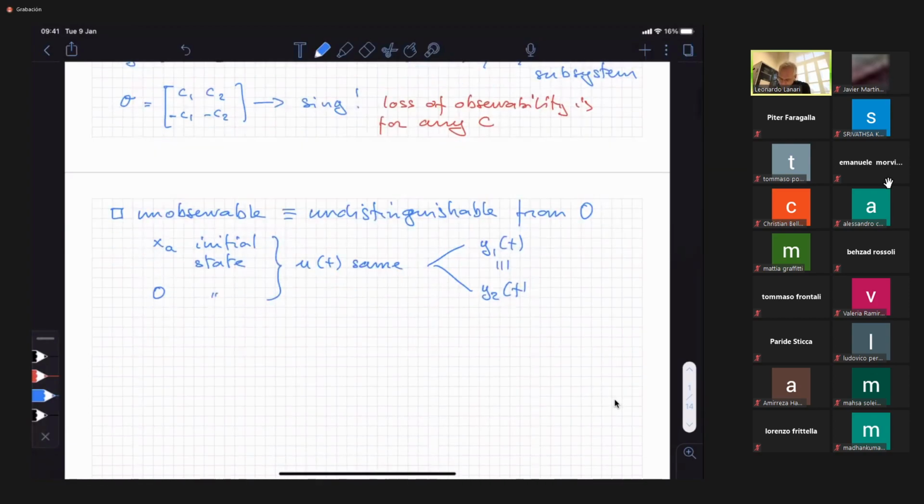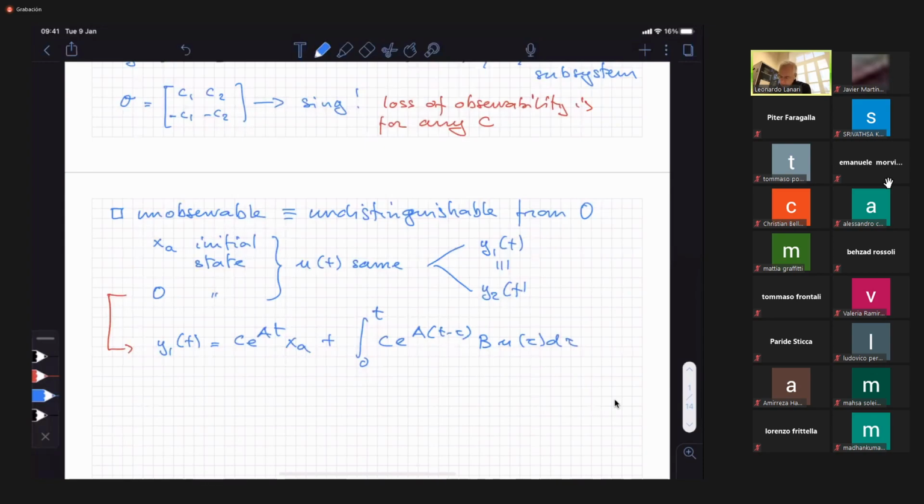Well, if we write these full output evolutions, we would have y1 of t equal c e to the At xA plus c times the integral of e to the A(t minus tau) B u of tau d tau.